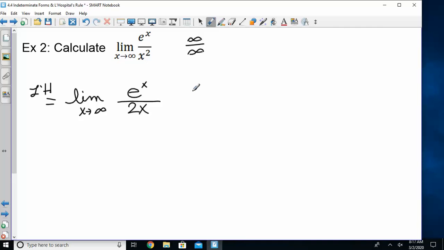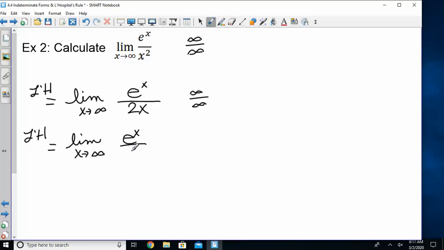At this point, e to the infinity is going to infinity, and 2 times infinity is going towards infinity. So what do I need to do? Do it again. If you do it multiple times, just make sure you're labeling each time. Okay, e to the x, the derivative of that is still e to the x.